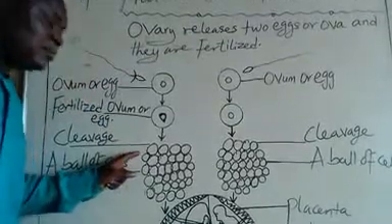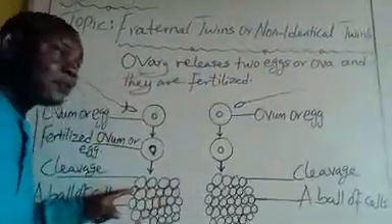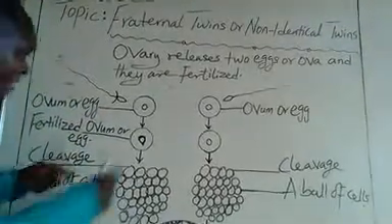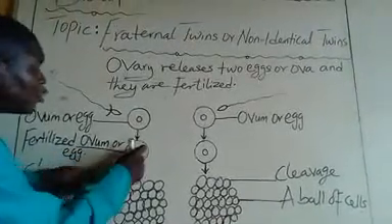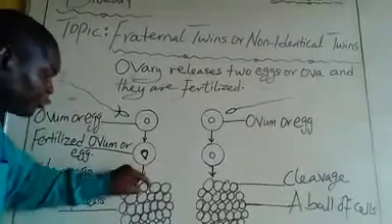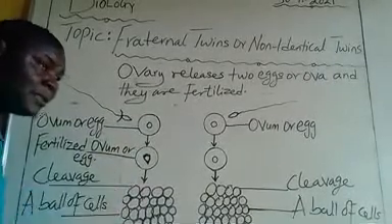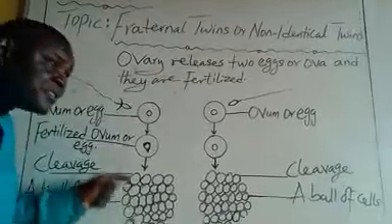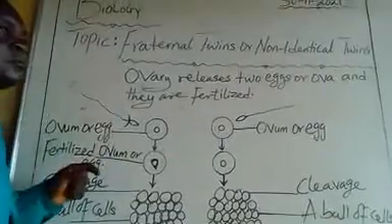Cleavage means the splitting of the original cell into smaller cells. This fertilized ovum or egg is going to split into two. From 2 to 4, from 4 to 8, from 8 to 16, from 16 to 32, and so on.